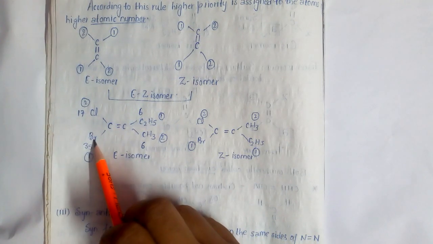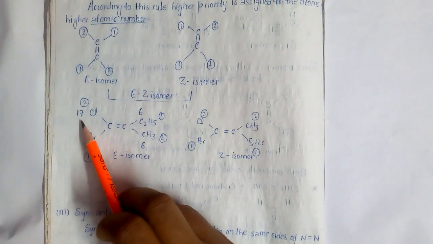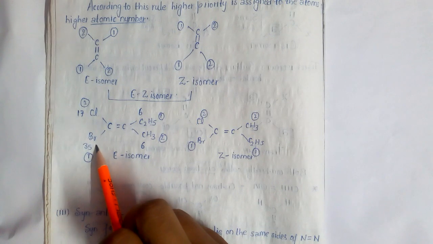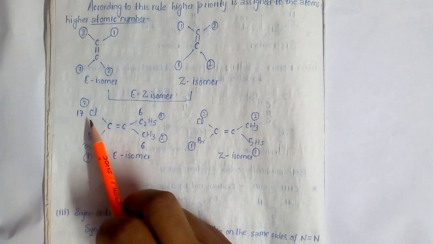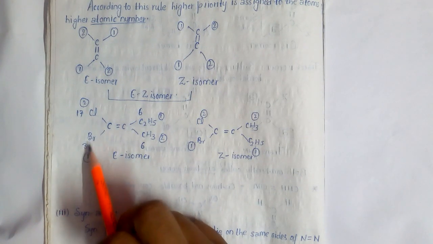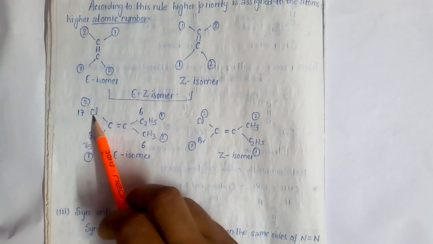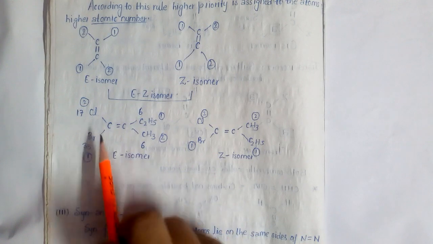Chlorine has atomic number 17 and bromine has atomic number 35. Higher the atomic number, higher the priority, so bromine has higher priority in comparison to chlorine. Bromine gets first position and chlorine second position.